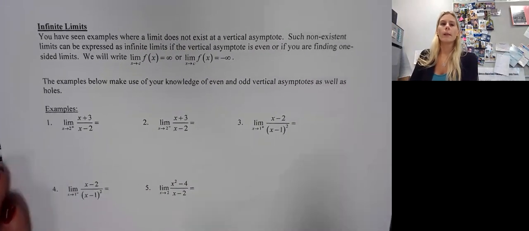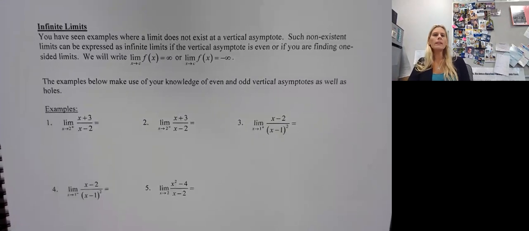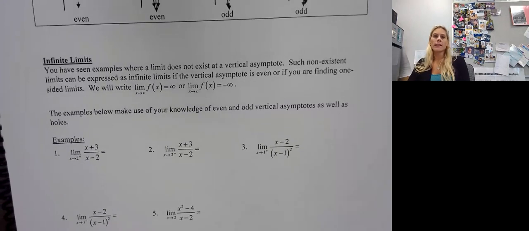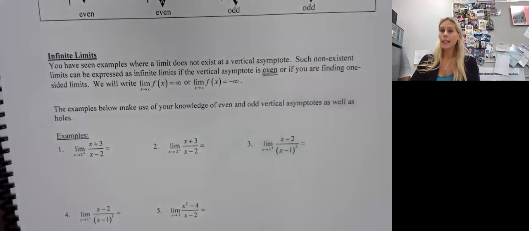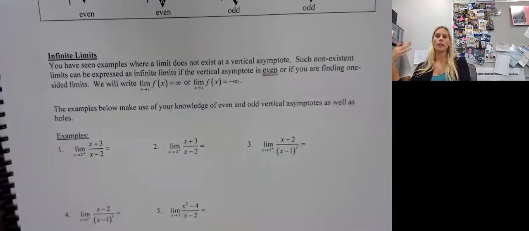So infinite limits. You have seen examples where a limit does not exist at a vertical asymptote. Such non-existent limits can be expressed as infinite limits if the vertical asymptote is even. So if it's even, we can express it as infinity or negative infinity.